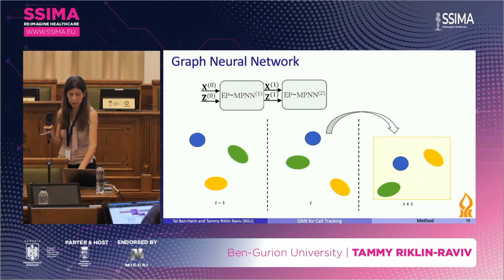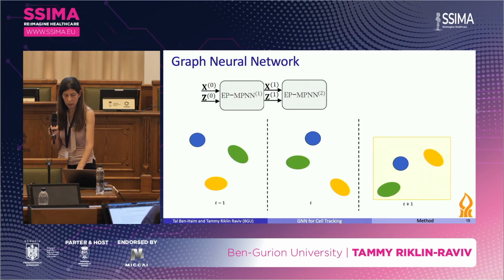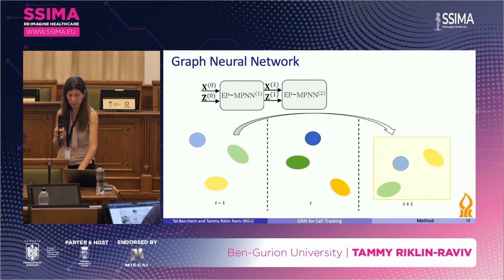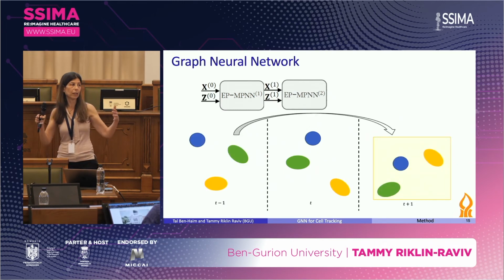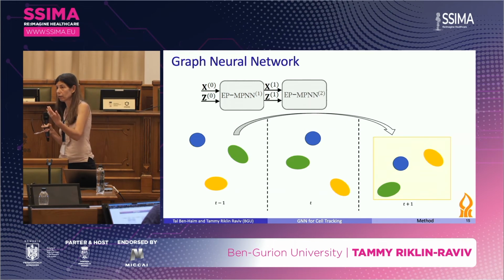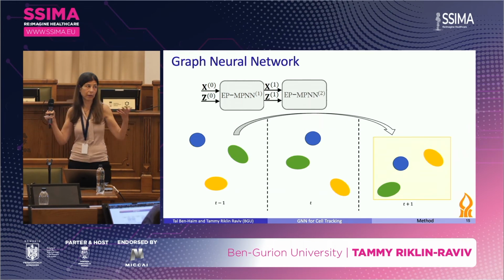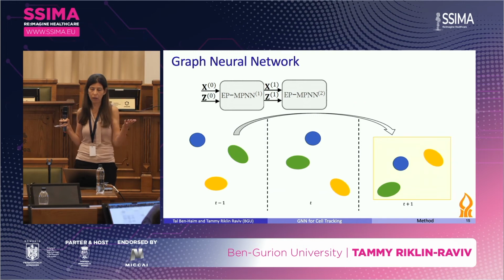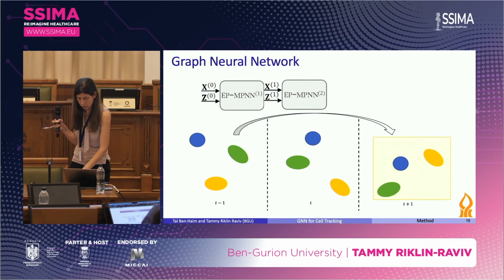So T would interact with T plus 1, and T minus 1 would interact with T. After applying the second block, we have a second-order neighborhood. If you add more and more blocks, our message passing extends, and actually we use 6 blocks in order to do that.